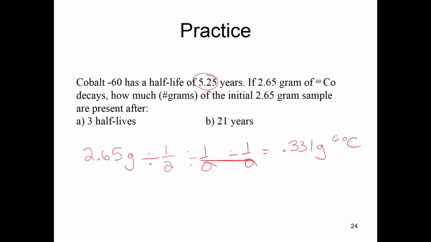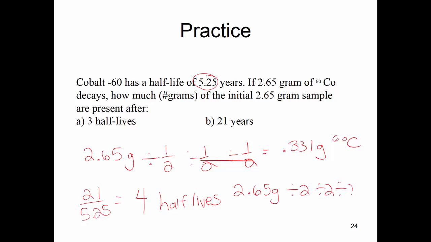Problem B says after 21 years. Okay, so now we need to figure out how many half-lives we have. So 21 divided by 5.25 is 4. So we have 4 half-lives. So we're going to take 2.65 grams and divide by 2, or 1/2, whatever, doesn't matter.